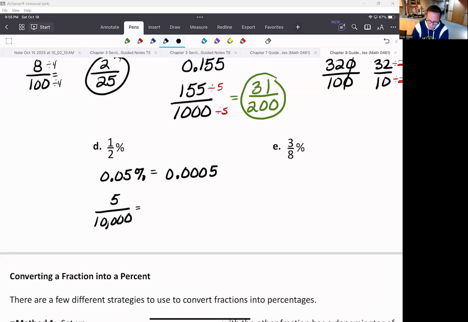That's what that is. And then that's going to be 1 over, because we can divide by 5, so 5 divided by 5 is 1, and then 10,000 divided by 5 is 2,000, so 1 over 2,000.